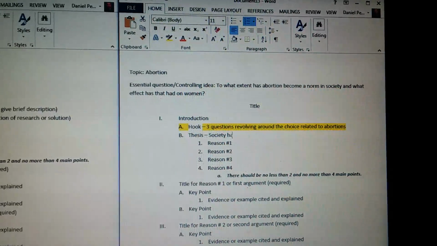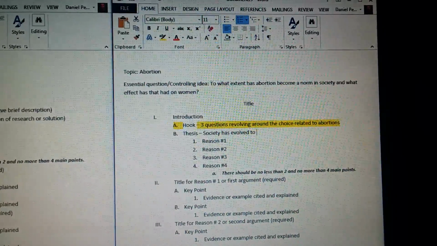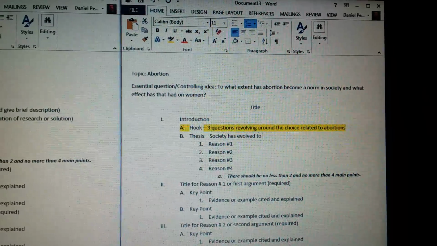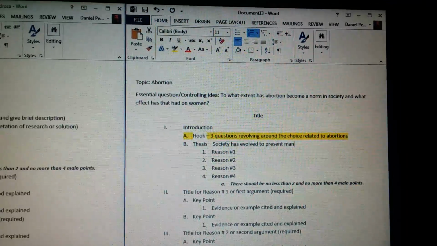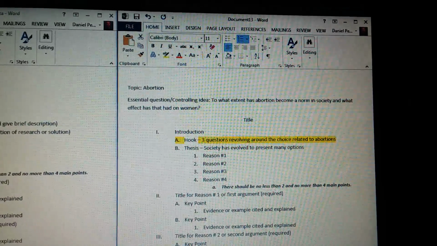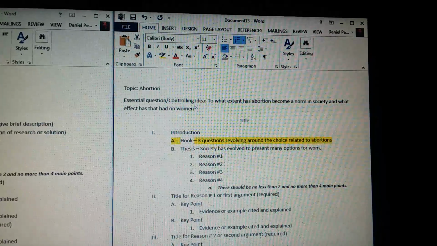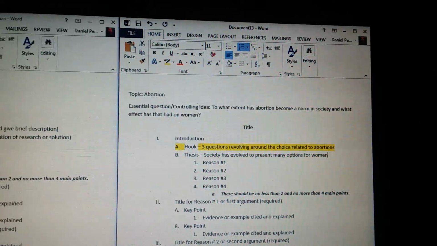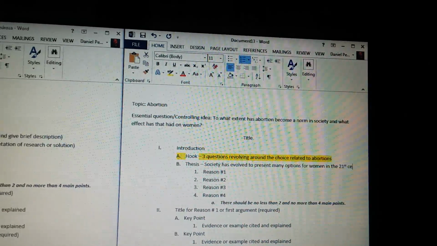Society has evolved to present many options for women in the 21st century.